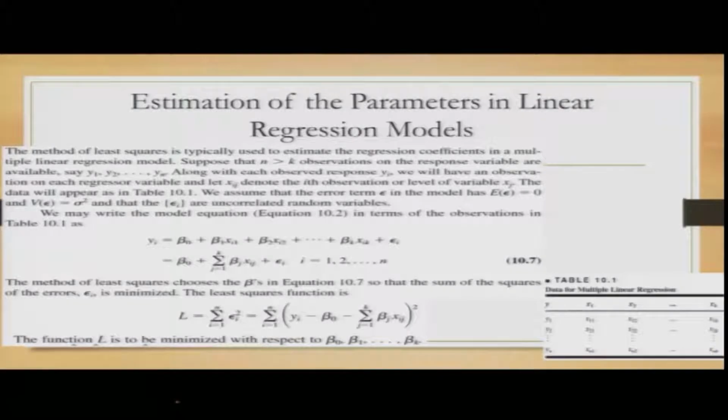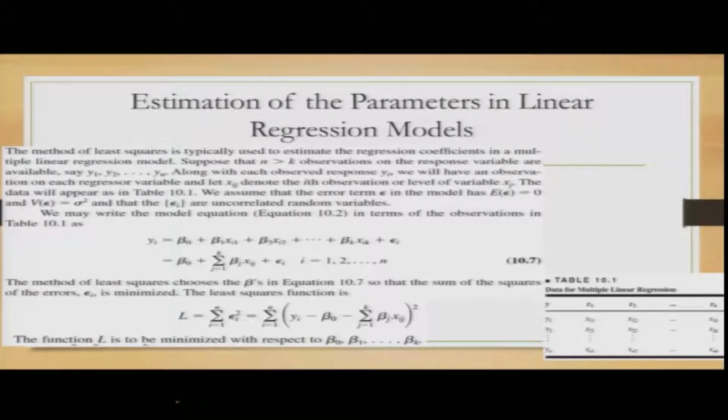Along with each observed response yi, we have an observation on each regression variable, and let xij denote the ith observation at a level of variable xj. The data would be given as in table 10.1.